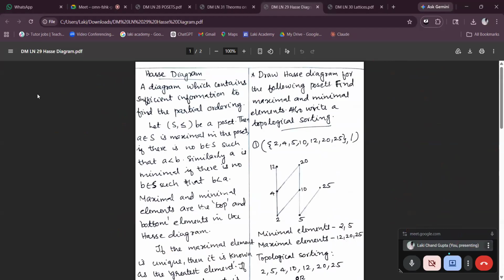Now see hash diagram. What is a hash diagram? For drawing a hash diagram, it must be what? A poset.